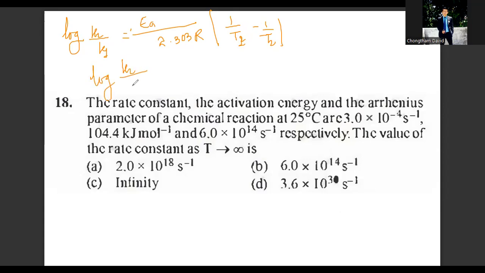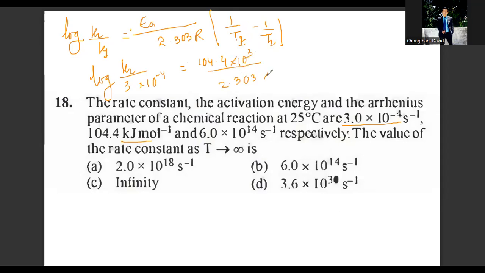What is the given value of K1? 3.1 into 10 to the power minus 4. And the activation energy, you have to convert from kilojoule to joule; kilo means 1000.